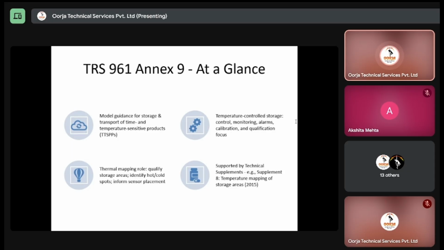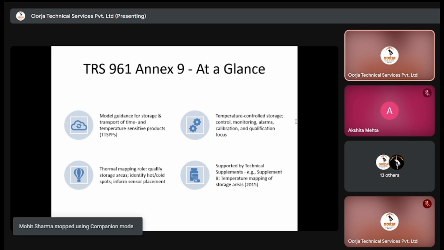It was issued by the World Health Organization as Annex 9 to its technical report series, number 961, and that Annex 9 is named Model Guidance for Storage and Transport of Time and Temperature Sensitive Pharmaceutical Products, TTSPP. So this is the nomenclature of the document Annex 9.